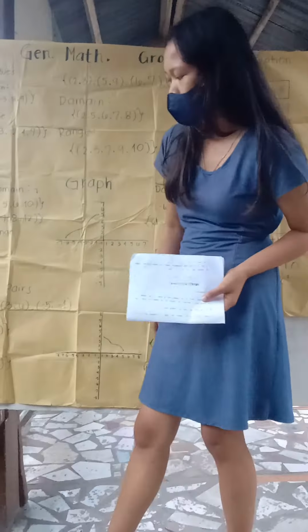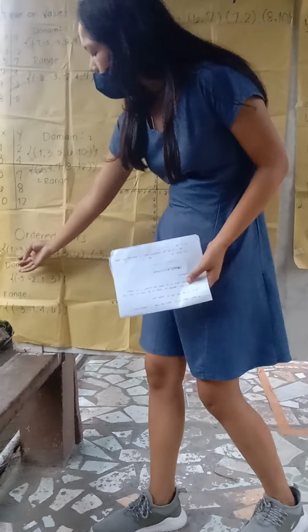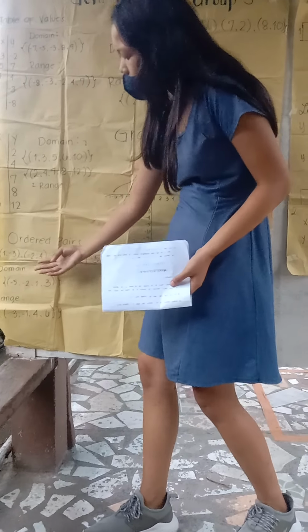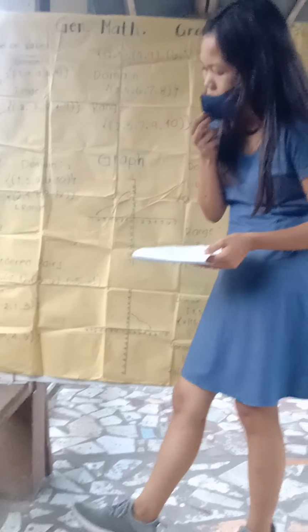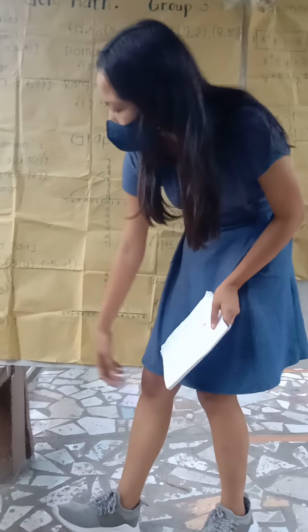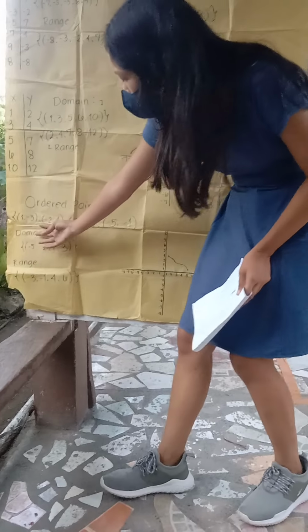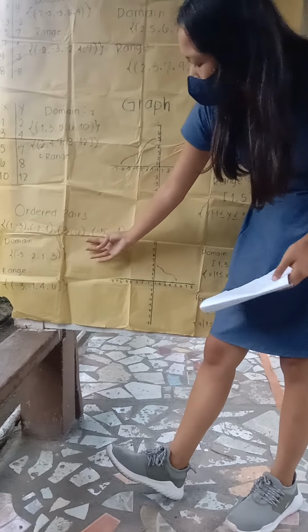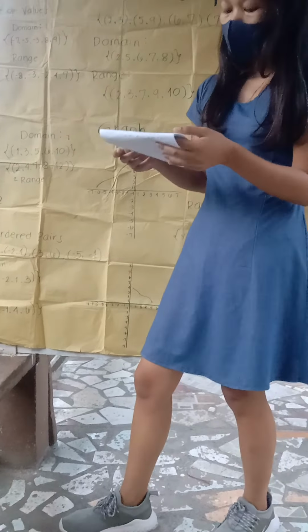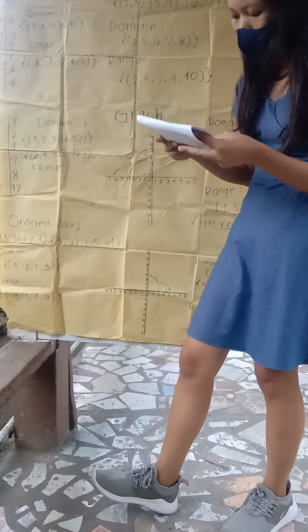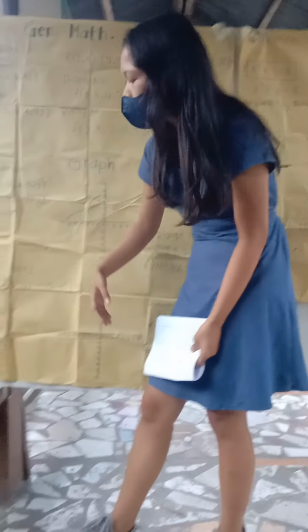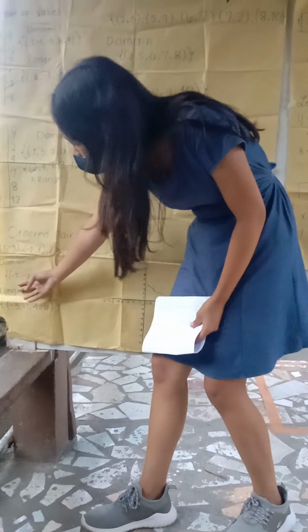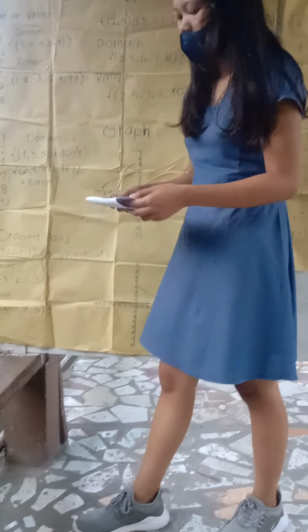For example, (1, -3), (-2, 4), (3, 6), and (-5, -1). So our domain here is 1, -2, 3, and -5. But if we start arranging our answers, our answer must start with negative numbers. So we have -5, -2, 1, and 3.